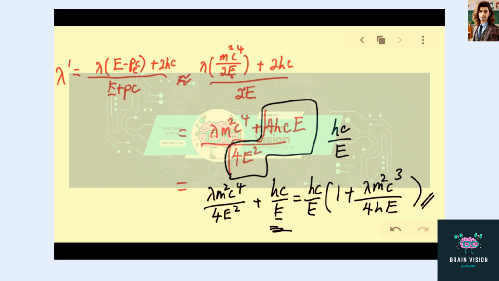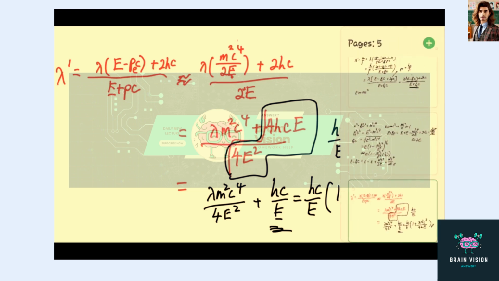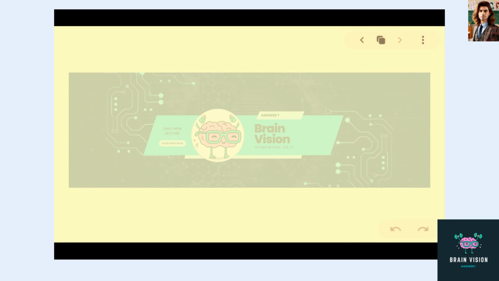Finally, let's put in the numerical values that are given. We have a beam of radiation with a wavelength of 10.6 micrometers, and we are given that the total initial energy of our electron is 10 GeV, or 10 times 10 to the power 9 eV.